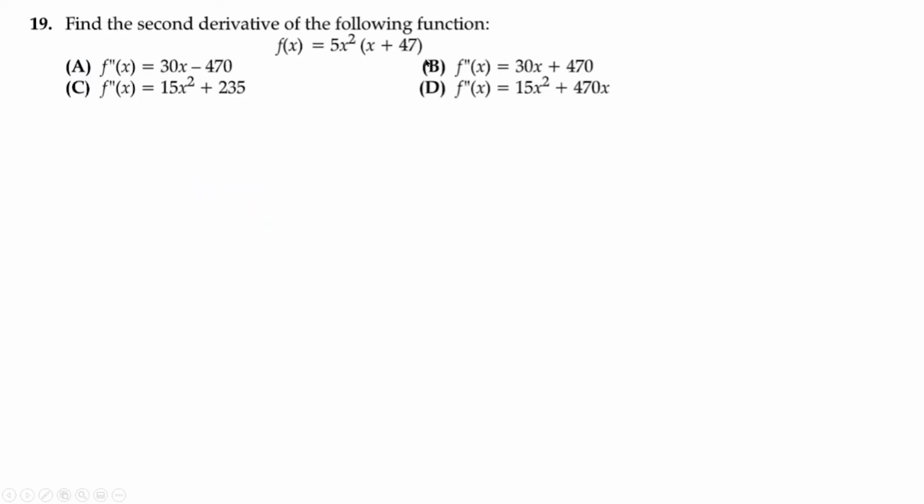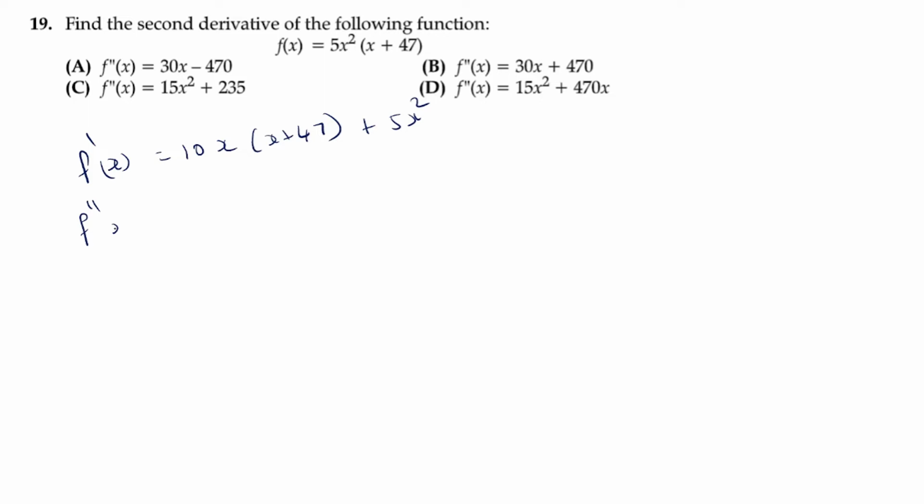Next question, find the second derivative of the following function. f of x is equal to 5x square into x plus 47. So first let us find f dash of x. f dash of x, using the product rule, is 10x into x plus 47 plus 5x square into 1.